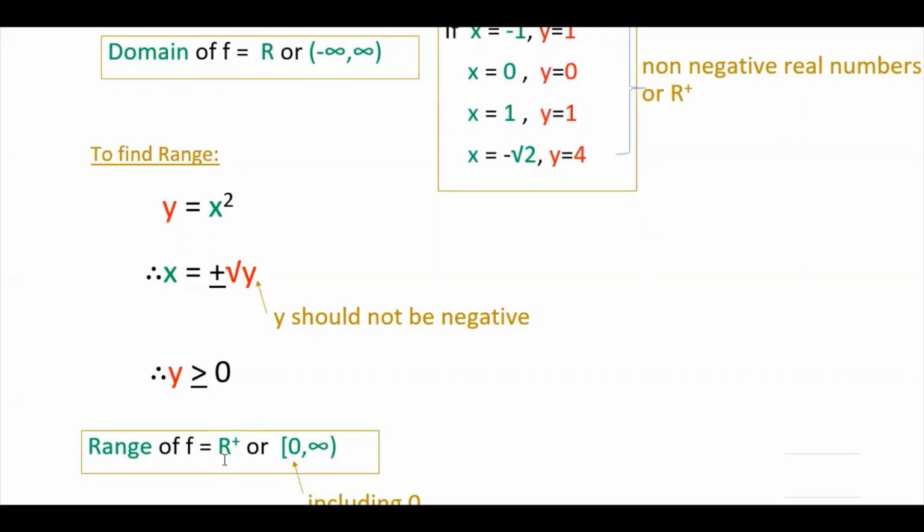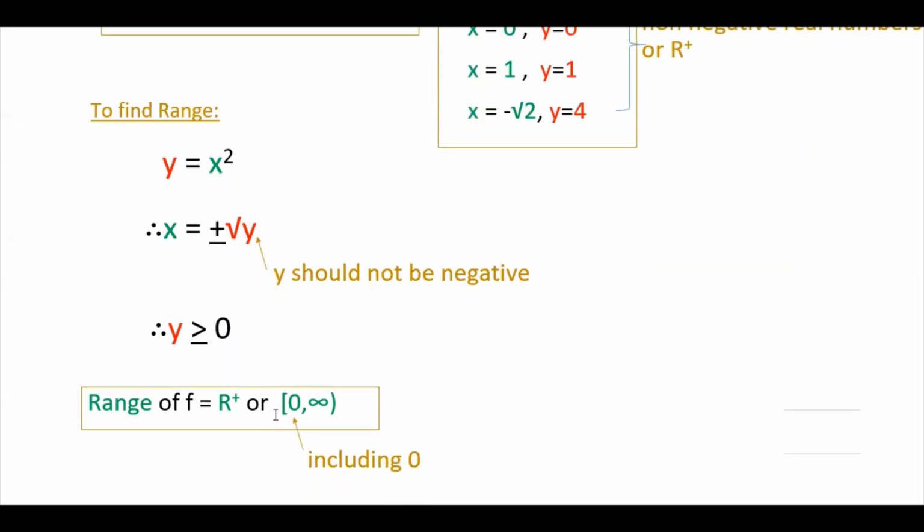Therefore, the range of this function is equal to R plus, or you can write it in interval notation like this, [0, infinity). Because it includes 0, you have to put this square bracket. And this is an open bracket because infinity is a symbol. It is not a number. So you have to always exclude infinity like this.